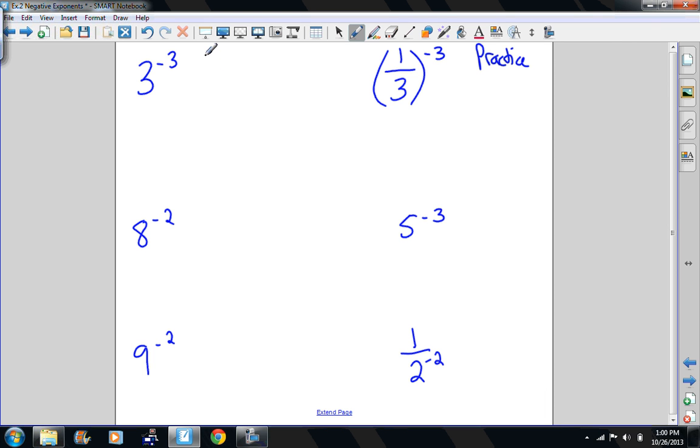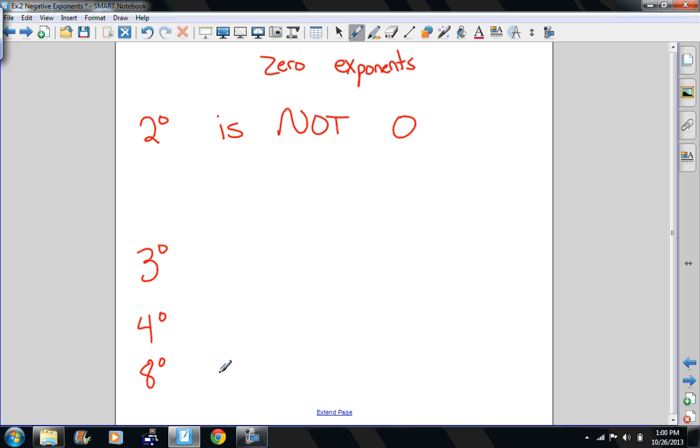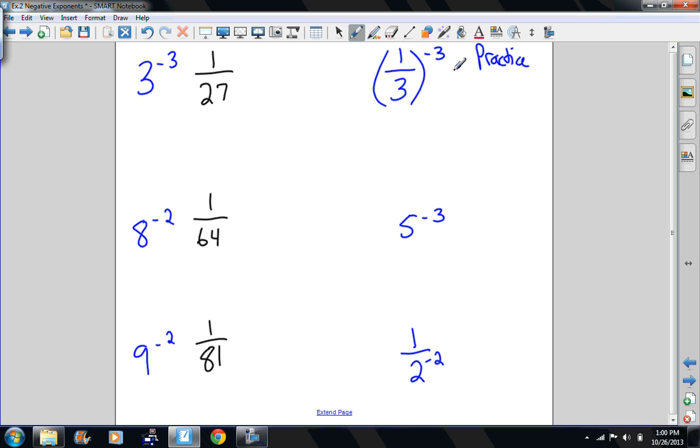1 over 3 to the negative 3 would be 1 over 27. We've done that one already. 8 to the negative 2 would be 1 over 64. 9 to the negative 2 would be 1 over 81. Now for this, we have to distribute that negative 3 in both terms.